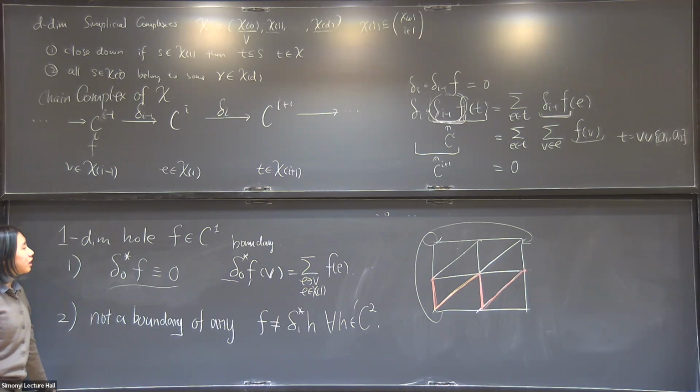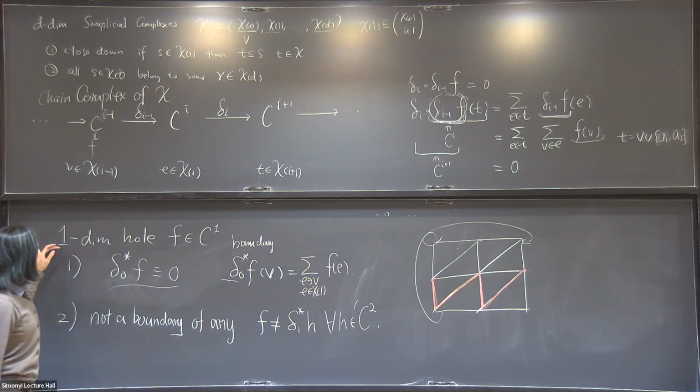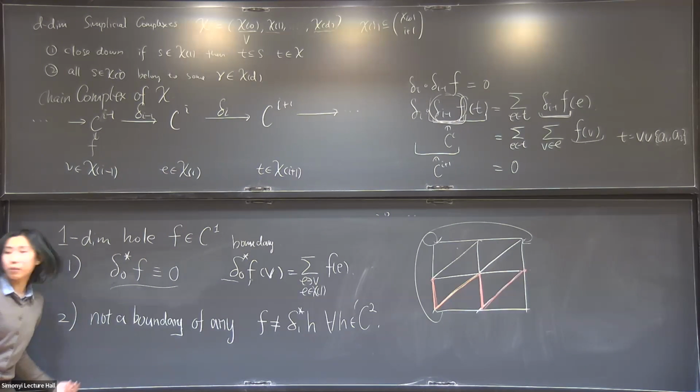And for higher dimensions, beyond 1 dimension, this kind of thing still holds. If there is a 2-dimensional hole, then that means B2 is not equal to Z2, because as you can see, this is coming from the definition. Right. Okay, so I will say a couple things about constructions.